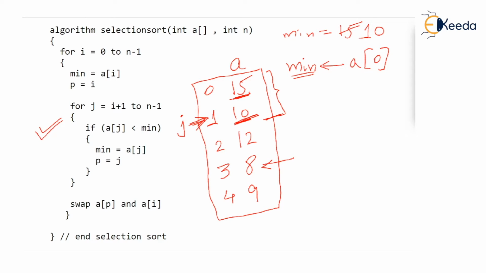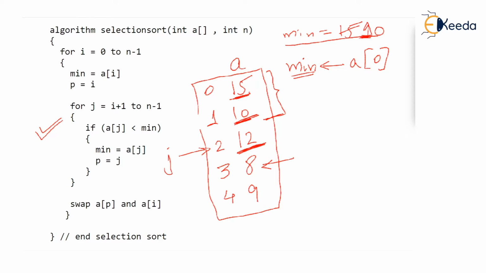We are correct. Now what we do is we increase j again. J will visit the next place and we will again inquire, is aj, this value, less than minimum? Now currently minimum is 10 and aj is 12. So 12 less than 10 is false. So we will say min should still remain 10. There should be no change made to min.